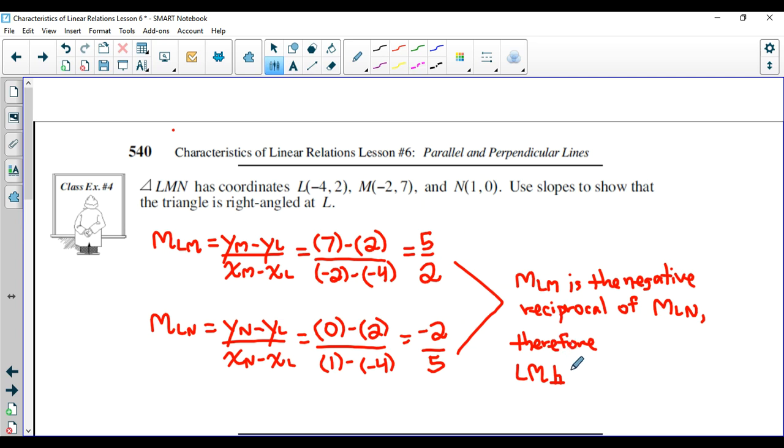And yes, that angle L is actually a 90-degree angle, okay? So we proved that just by showing that the slopes of the two line segments are perpendicular, and we knew that because they're negative reciprocals of each other.